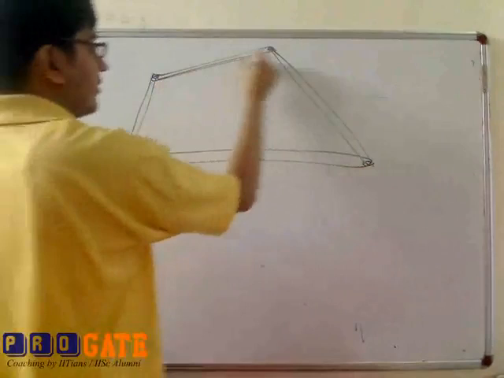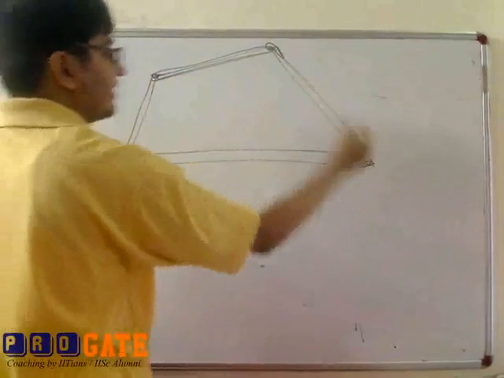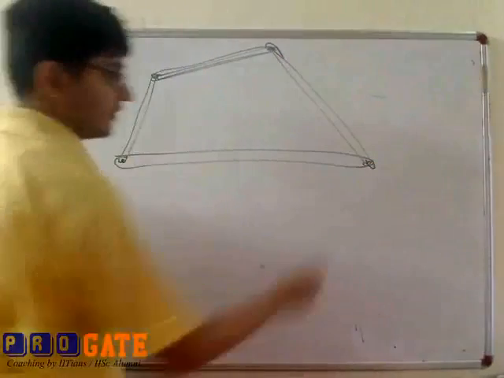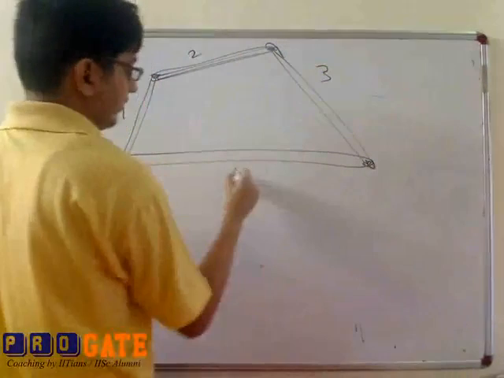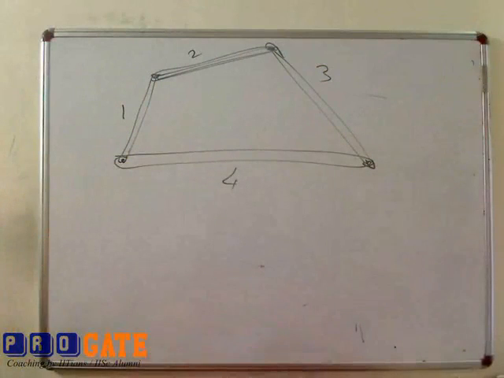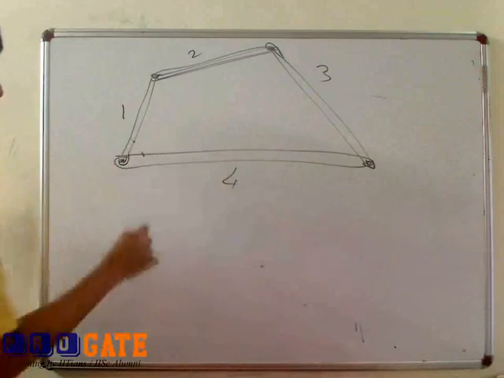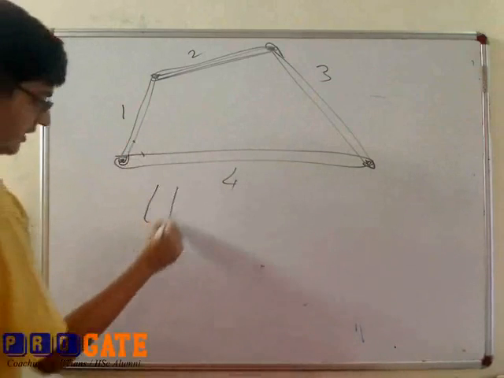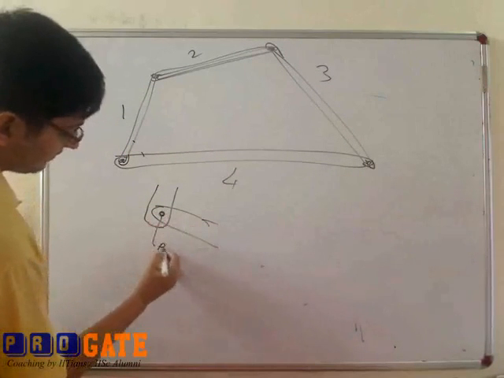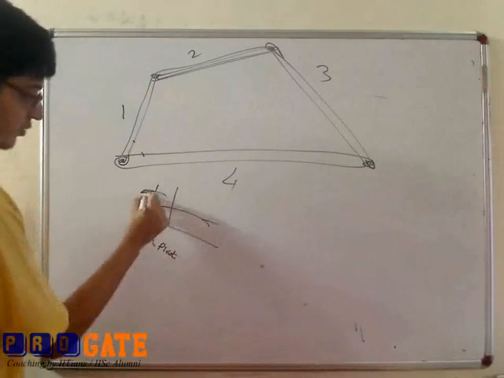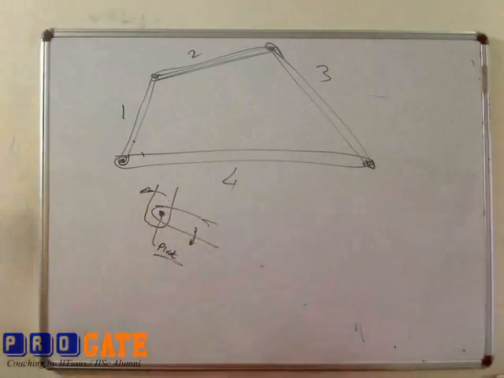Basically you have 4 rectangular plates, and by means of a threaded joint or a riveted joint, these 4 plates 1, 2, 3, 4 are connected. So motion between these two is possible. This is the pivot, and these two can freely rotate about this pivot.